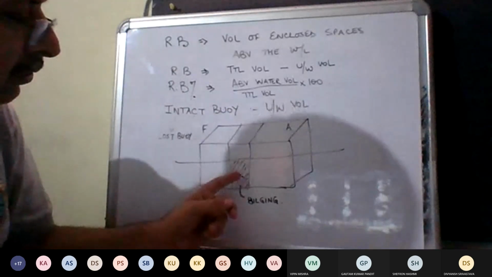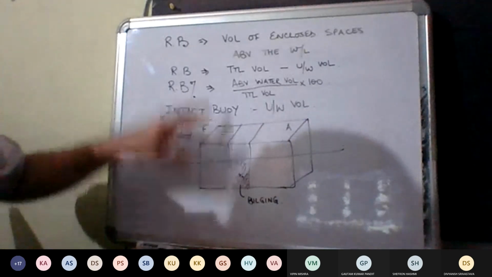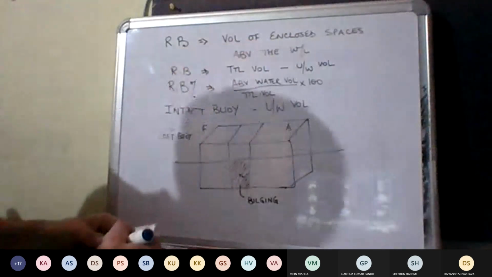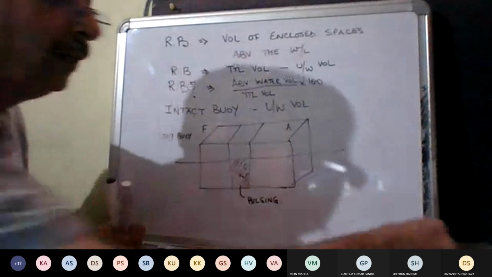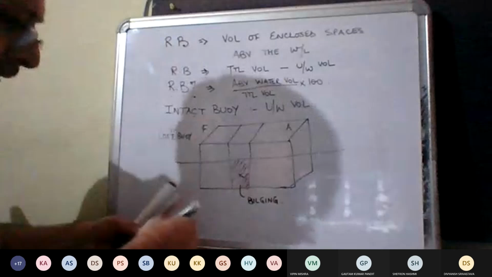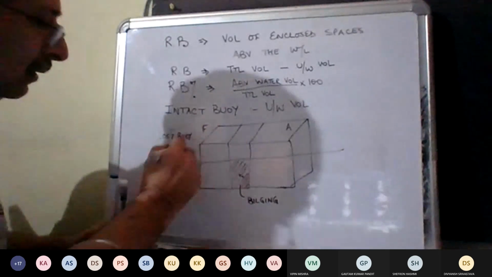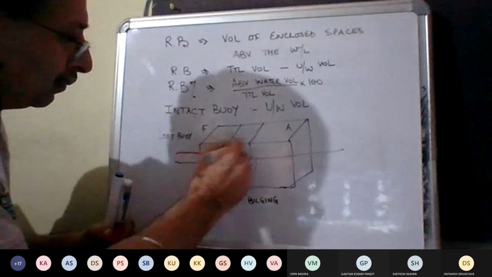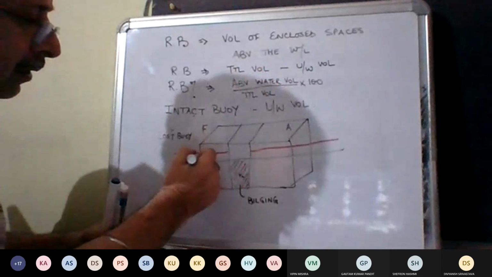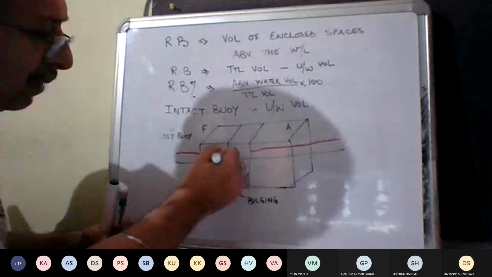If buoyancy is lost, then I have some reserve buoyancy on top, the volume of enclosed spaces above the waterline. This volume above the waterline will give a portion of the buoyancy to the ship, and the vessel will sink to a new draft.